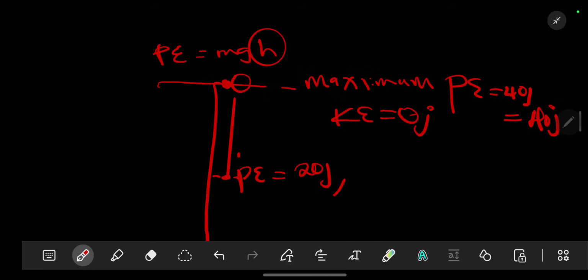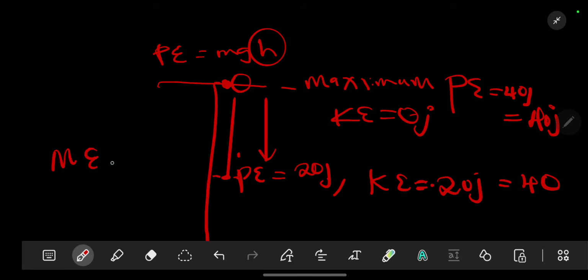Likewise, the kinetic energy will gain as the ball goes down, and when it reaches the middle part, if there are only conservative forces such as gravity, we have 20 joules. When you add 20 plus 20, you will have the mechanical energy equal to 40 joules even at this point.